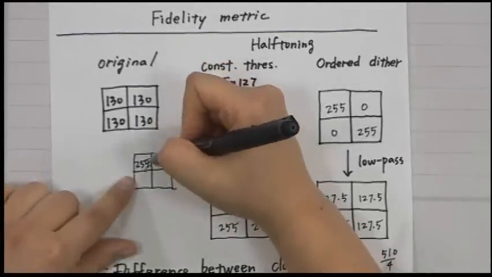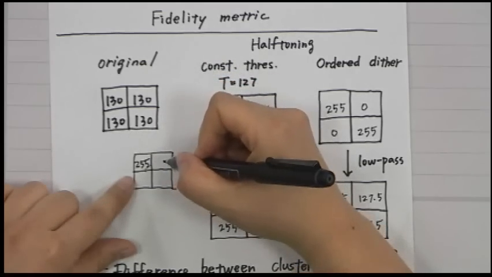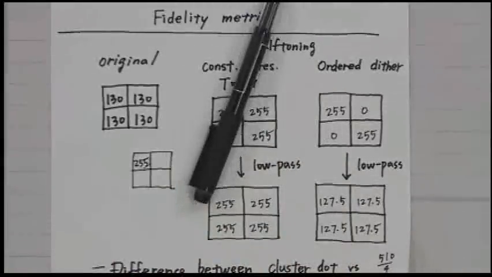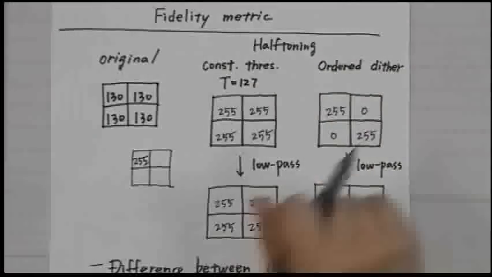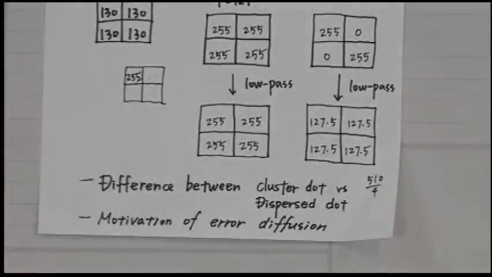It's increased a lot. So how about decreasing the next pixel? Then maybe we can keep the average value the same, right? This is the motivation of error diffusion, and I will describe the details later. First I want to review these two methods quickly.